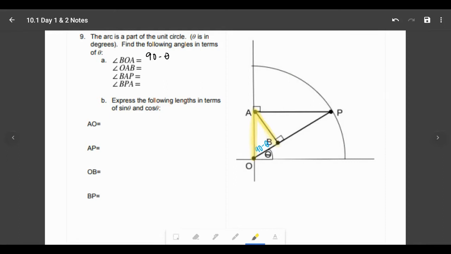So we know that this angle now should be theta. Okay, so let's go ahead and label that in as well.